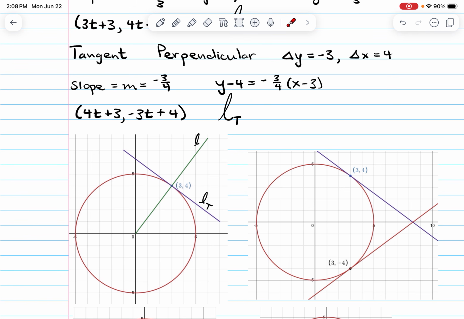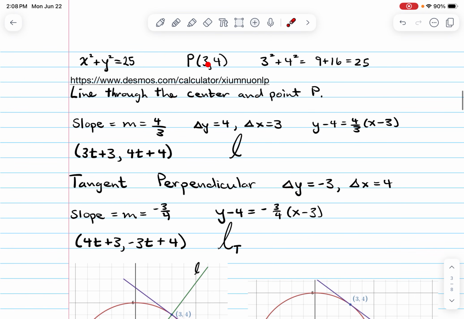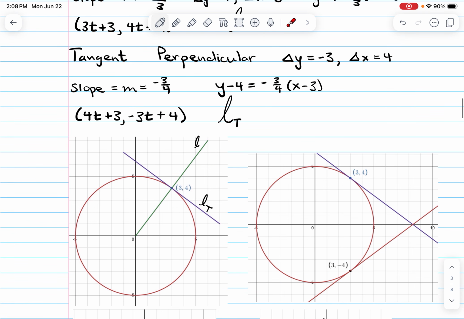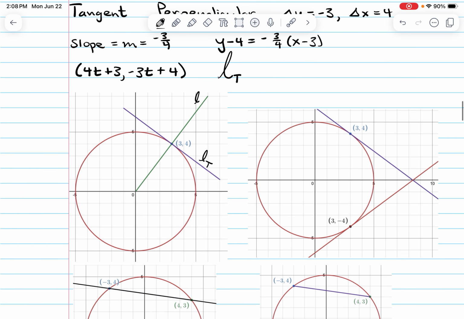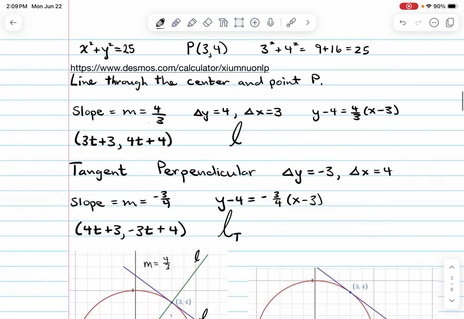Well, notice that this is at the point 3, 4. Going from point 0, 0, I go over 1, 2, 3, and then up 4. So the slope is 4 over 3. That's the slope for that green line.